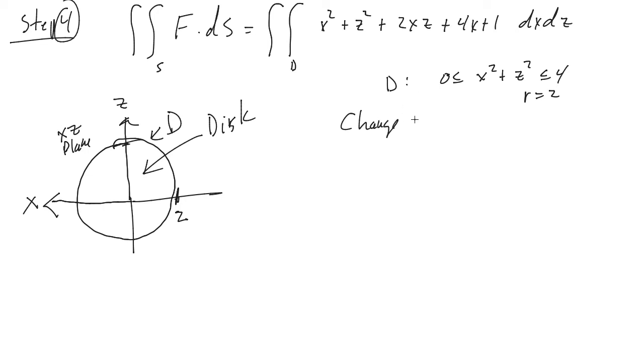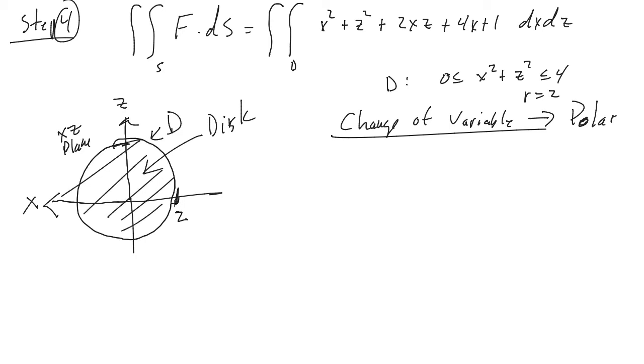It's just going to make it easier. We're going to make it polar, because we're integrating this function over a circle, a two-dimensional domain.